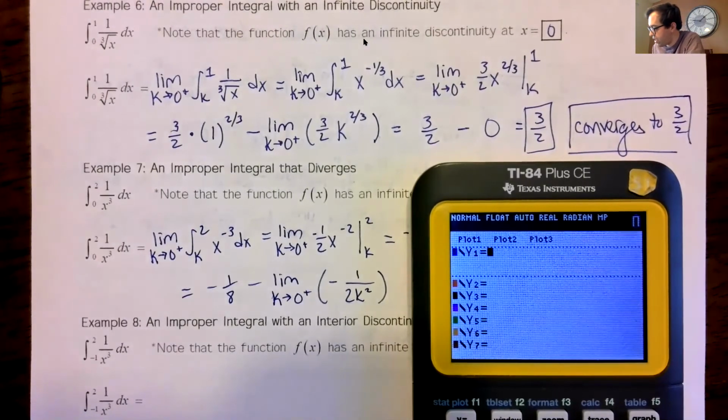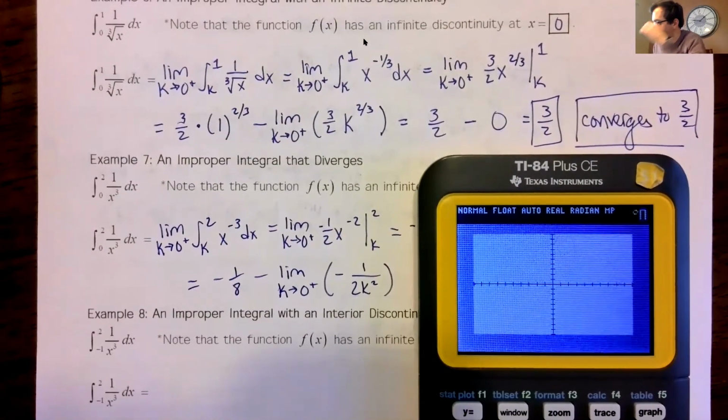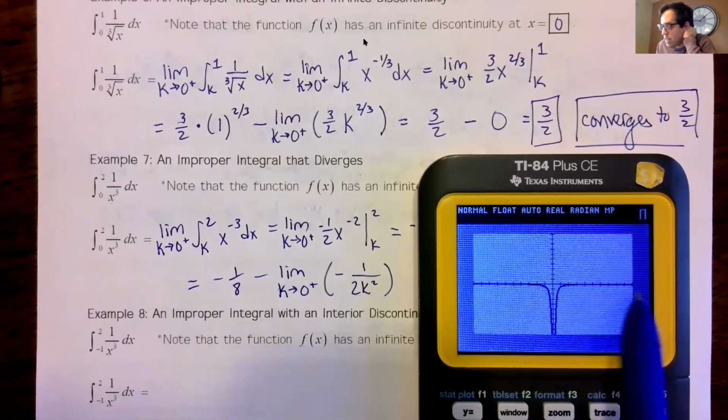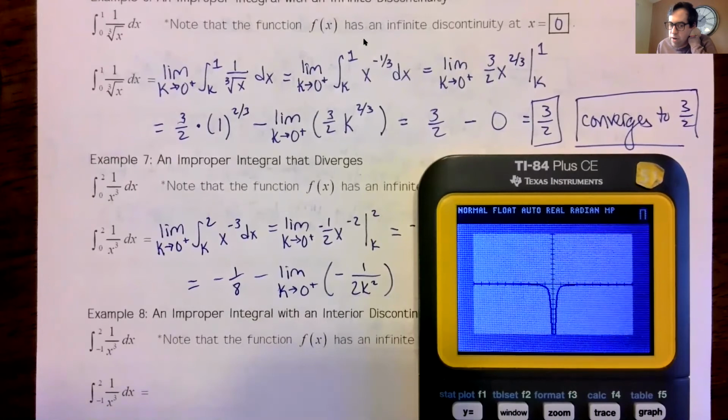I'm going to have negative, and then a fraction, 1/2x squared. Take a look at the graph. Yeah, okay, so as we approach 0 from the right side, it's going to equal -infinity because of this negative in front. So yeah, that's going to be a problem.